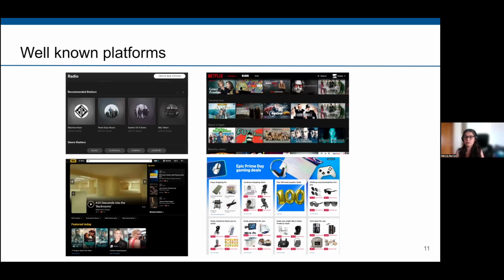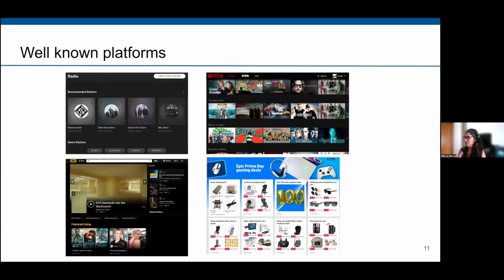Well-known platforms that you probably know very well that use recommendation algorithms are Spotify to recommend music, Netflix to recommend TV shows and films, also IMDb, and Amazon to recommend different products.